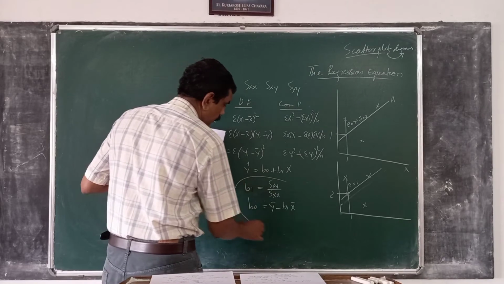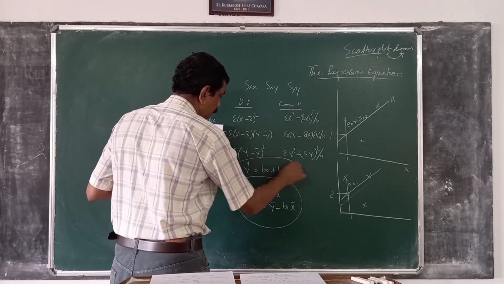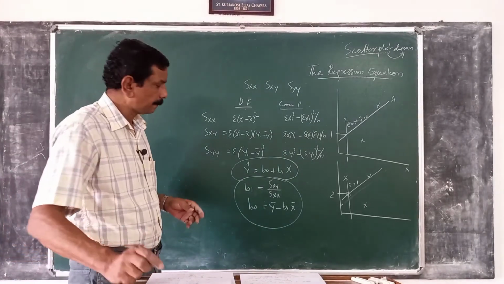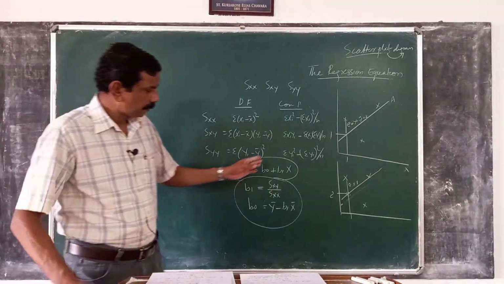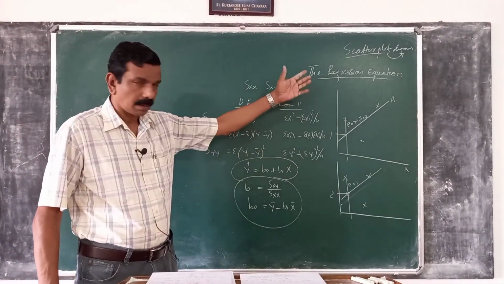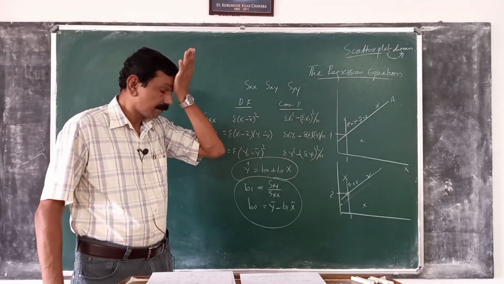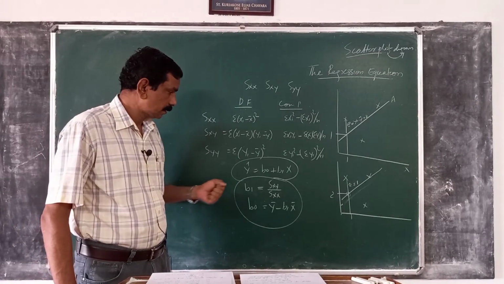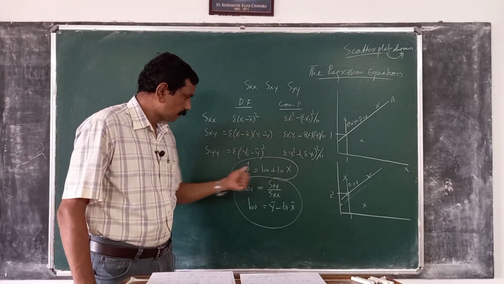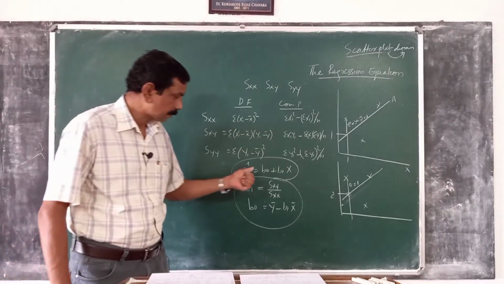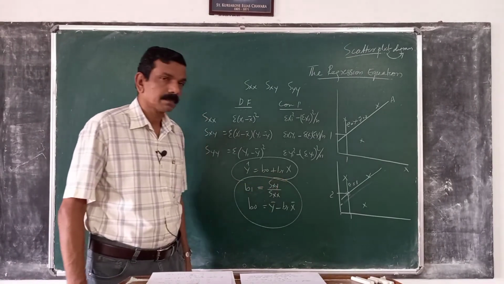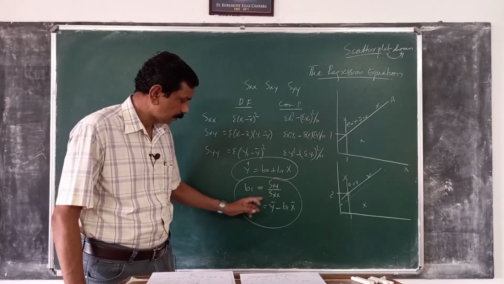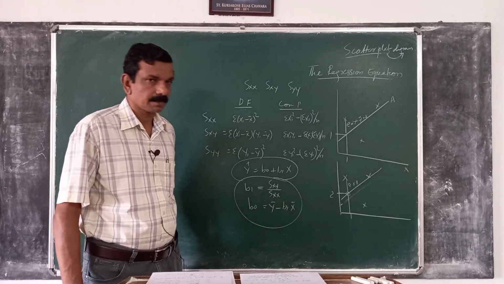These are the formulas, and this is the regression equation. And as you can see here, if the data points are given to you, as in the example of price and number of years, by applying these formulas, you can determine b0 and b1. b1 is given as Sxy by Sxx, b0 is y bar minus b1 x bar.